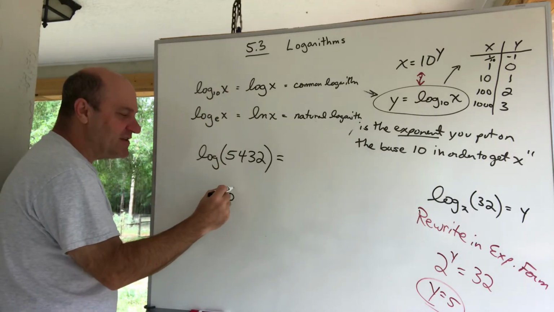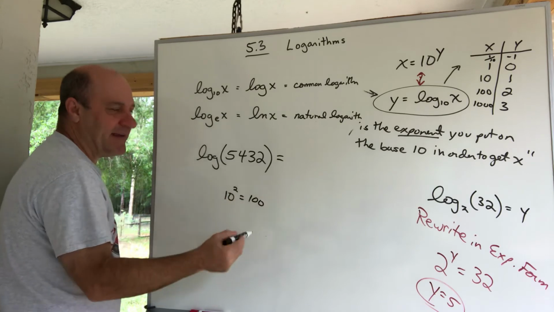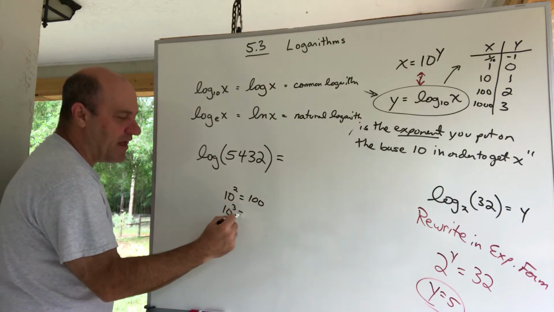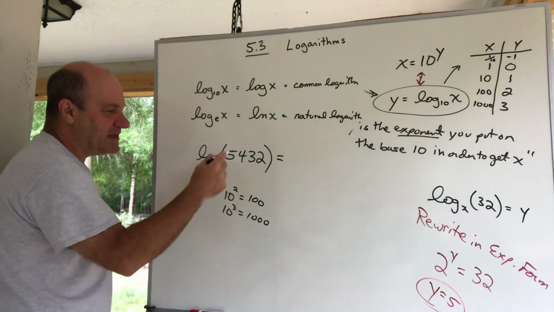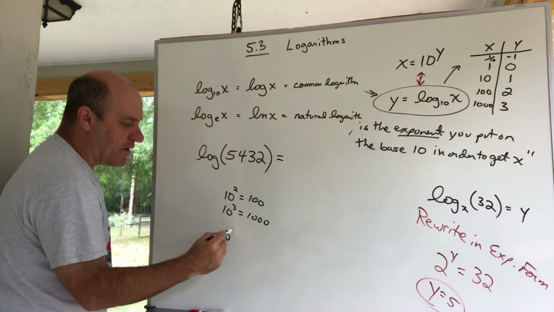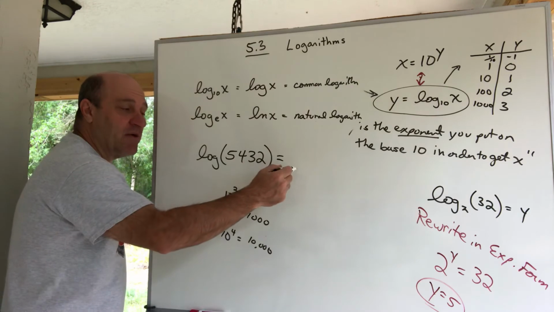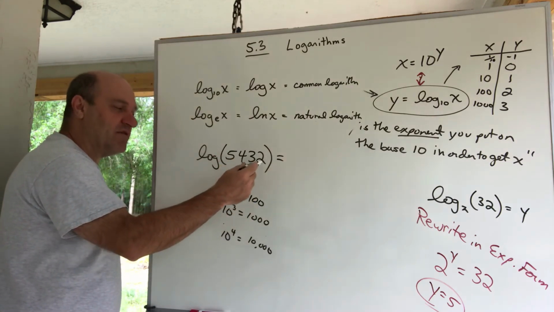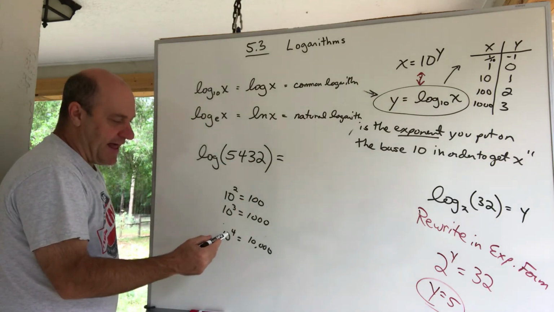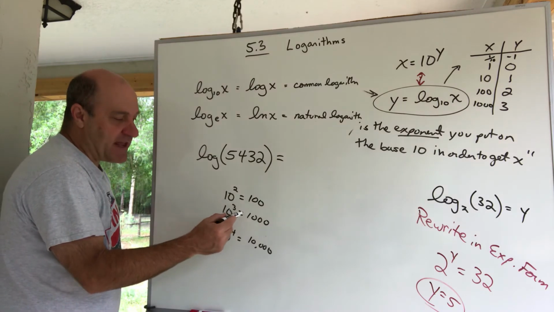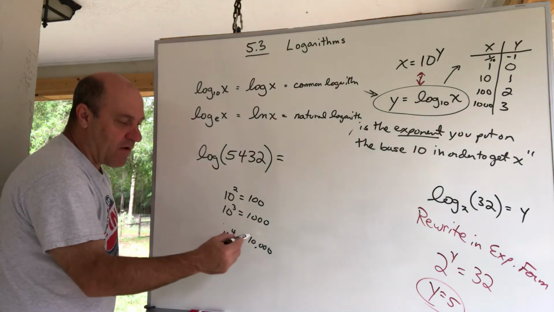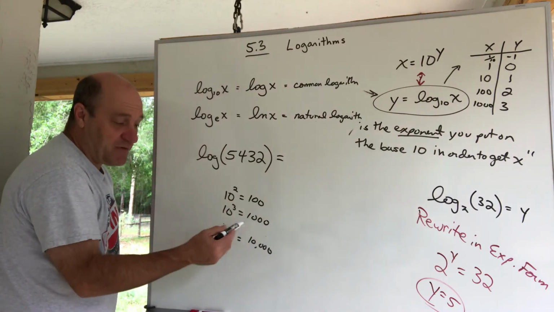So, what is 10 squared? 100? That's not it. What is 10 cubed? 1,000? Okay, it's bigger than that. What's 10 to the 4th? 10,000. All right, I'm trying to find the exponent that gets me 5,432. If the exponent is 3, I get 1,000. If the exponent is 4, I get 10,000. So it must be between 3 and 4.